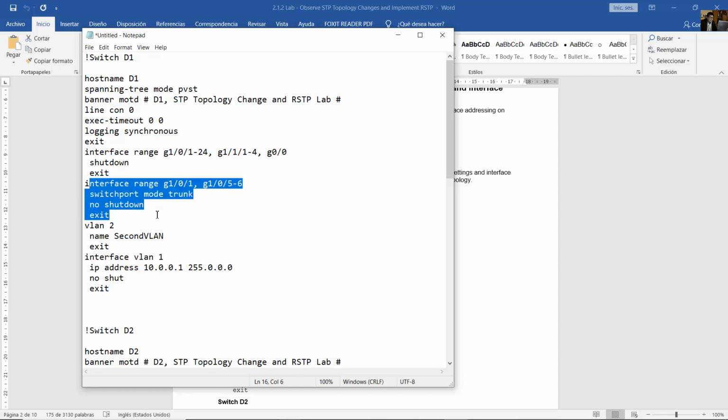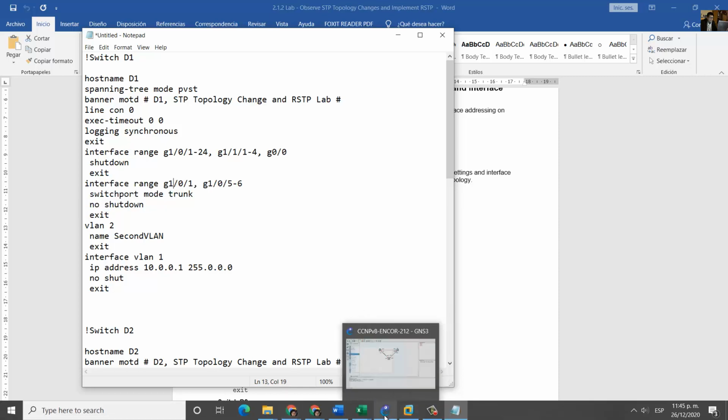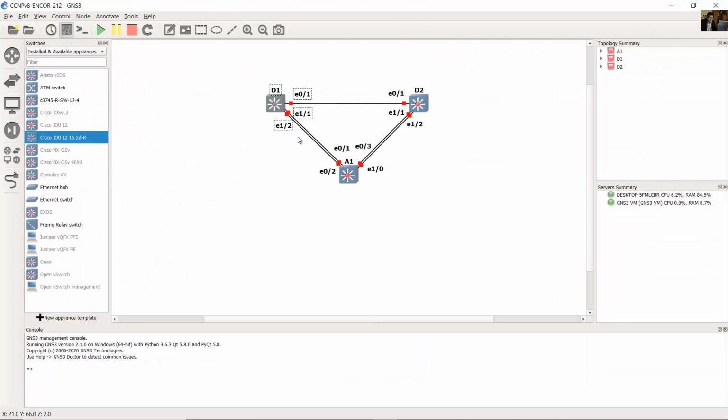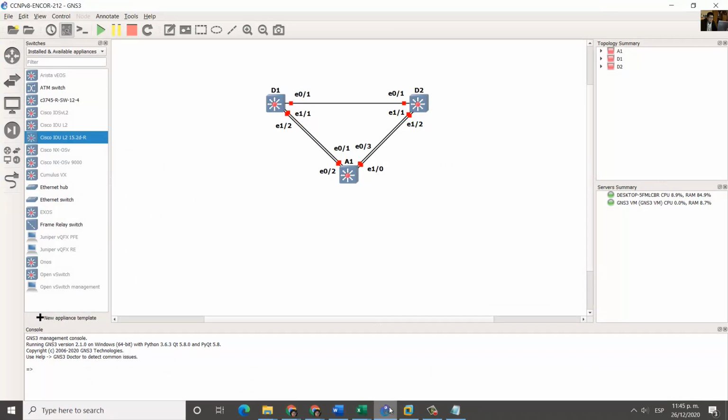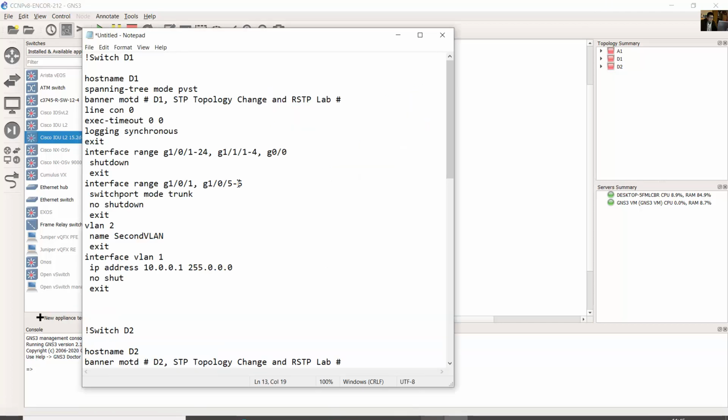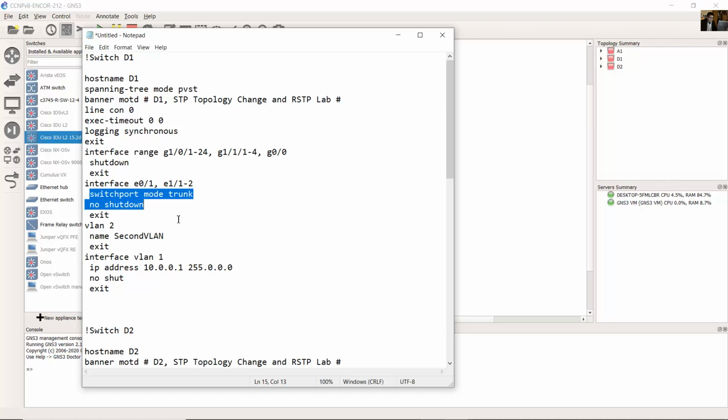Okay, what interfaces? I'm using on D1 Ethernet 0/1, and Ethernet 1/1 and 1/2. Switchport mode trunk, no shutdown.